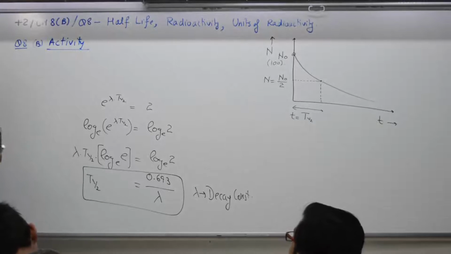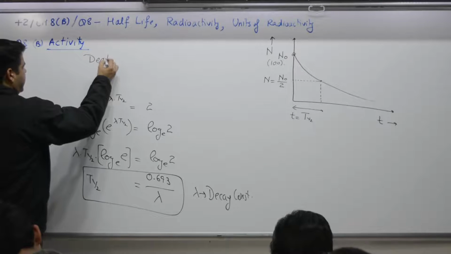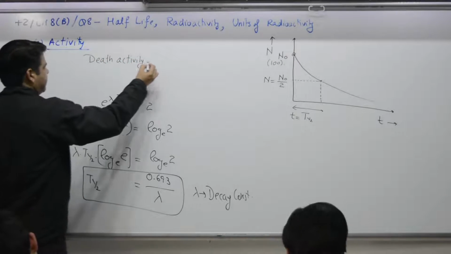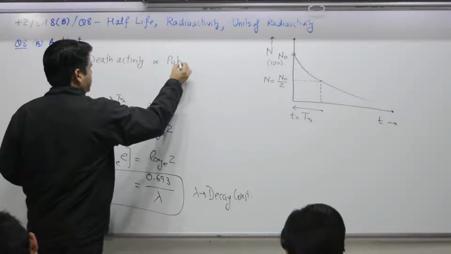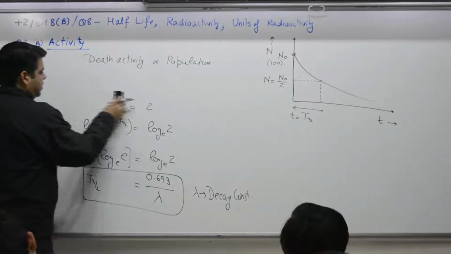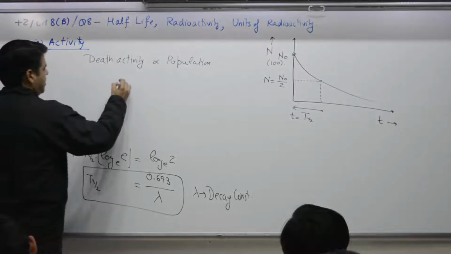Activity, again it's the same parameter, death activity. Radioactivity, or in the given model, the village model, death activity is proportional to population. This is the first line written today. Means what?